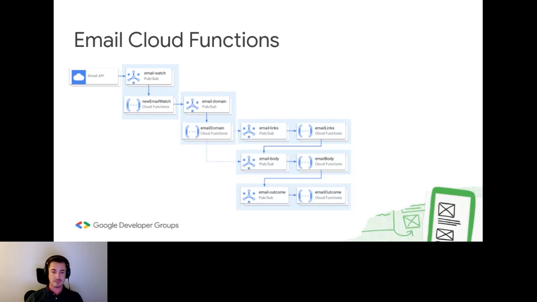And once that is done, we go to the email body. This is where the text comes from, the email body, right? And the email outcome. You might think this might be an attachment, right? Well, yes, there might be an attachment, and that is actually handled in the new email watch cloud function. The whole attachment thing is that we just need to see what is inside.